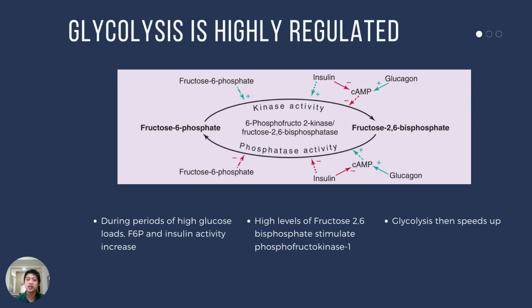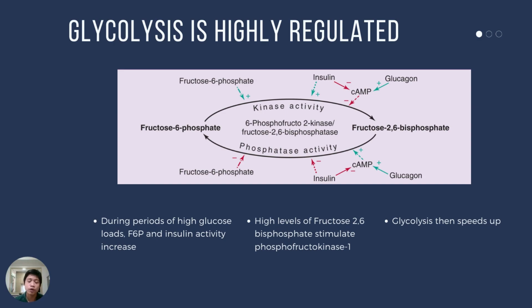And so what the body does is chop the steps into smaller, multiple steps so that there is slower release of energy and staged release of energy so that the body has time to capture that energy into ATP. And so let's proceed with discussion of how glycolysis, which is very important, is regulated.